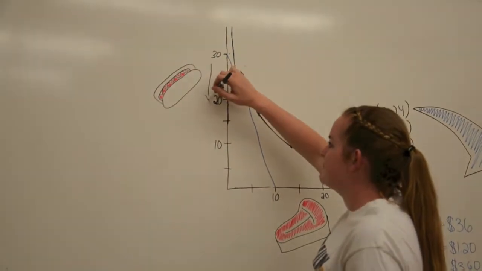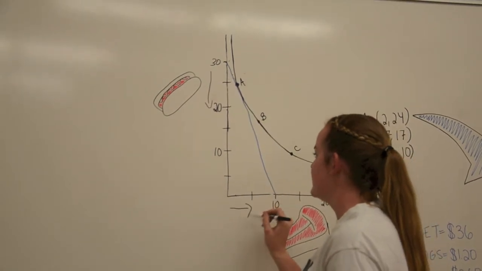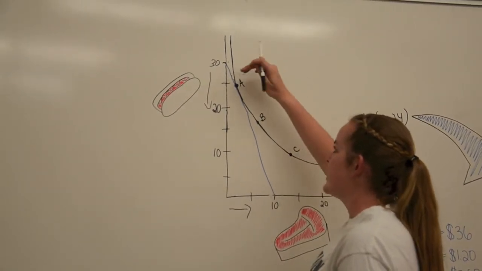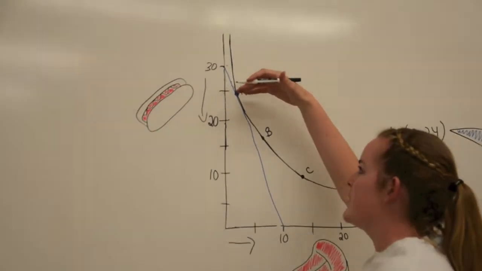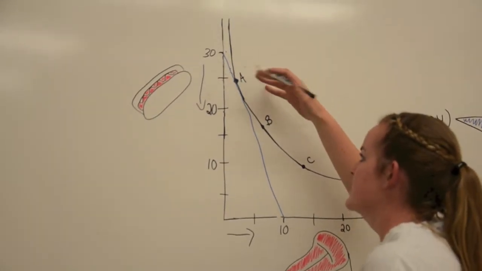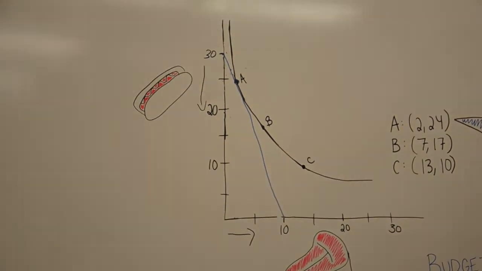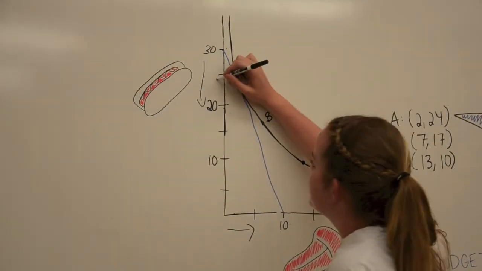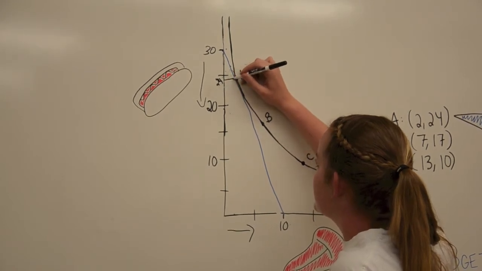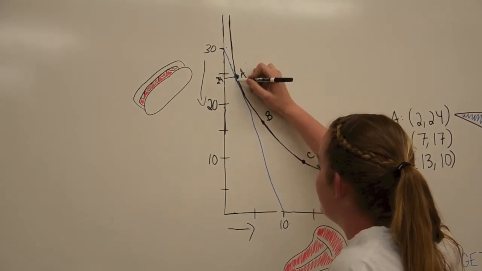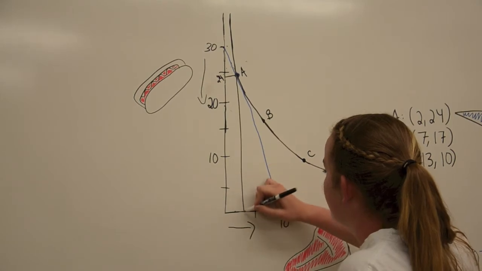So, since this is your slope, come over here to your graph, and you will go down 3 and over 1 until you hit your point, which is on the budget line and the indifference curve, like our points, which is 24. You go over 2 and down 24.